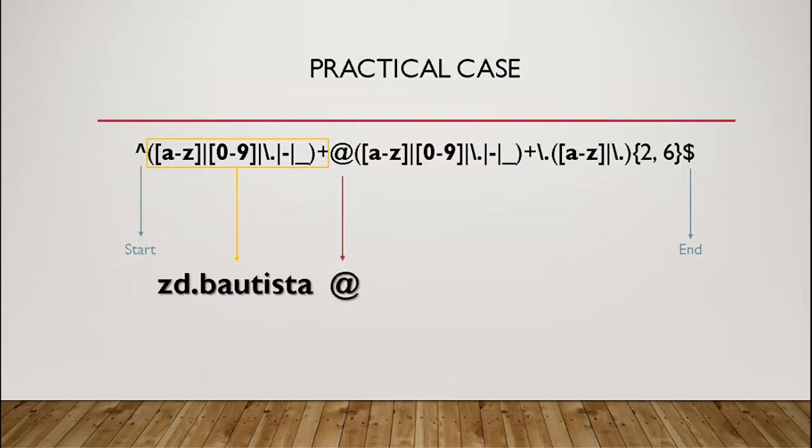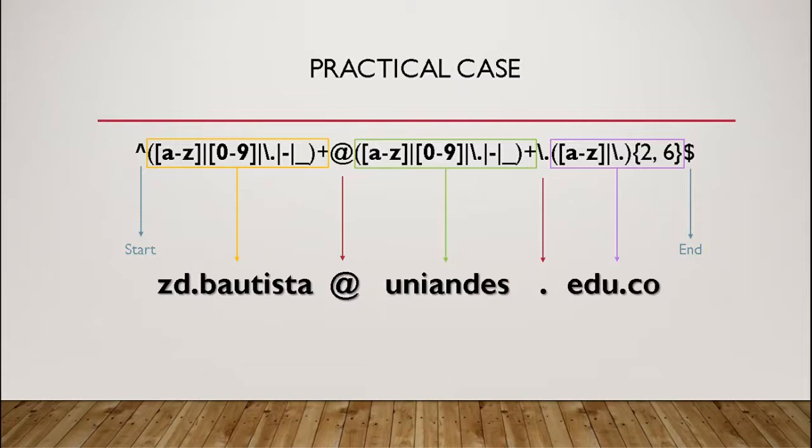Next, a mandatory @ symbol, and again a combination of one or more lowercase letters, digit numbers, dot, hyphen and underscore. Let's say Unantes. Then a mandatory dot, and finally a group of minimum 2, maximum 6 lowercase letters and dots. This could be Eddie.co. Here we have it, a regular expression which recognizes email addresses.